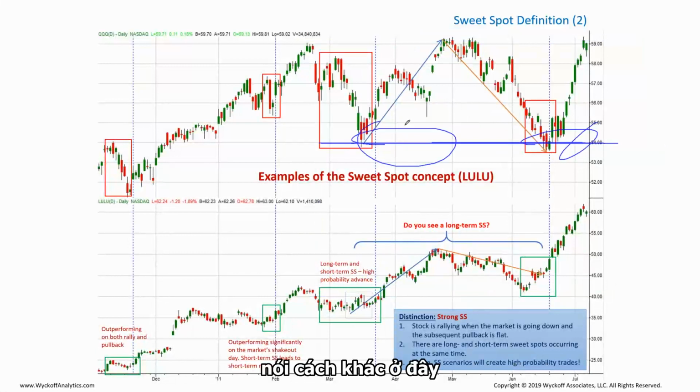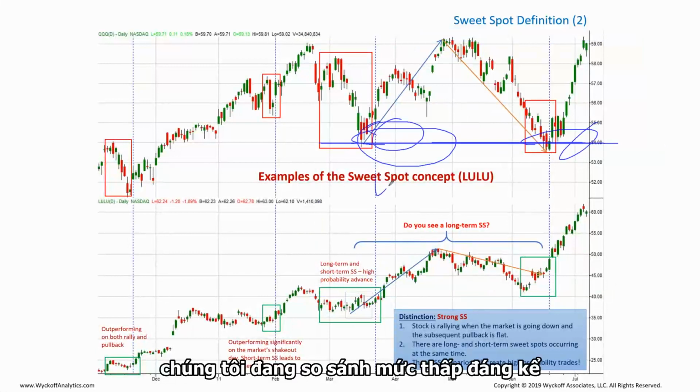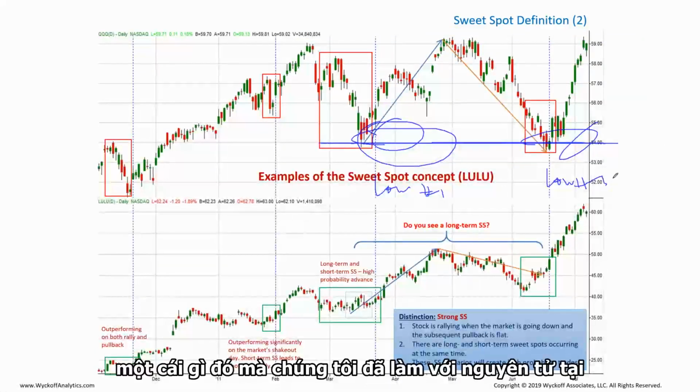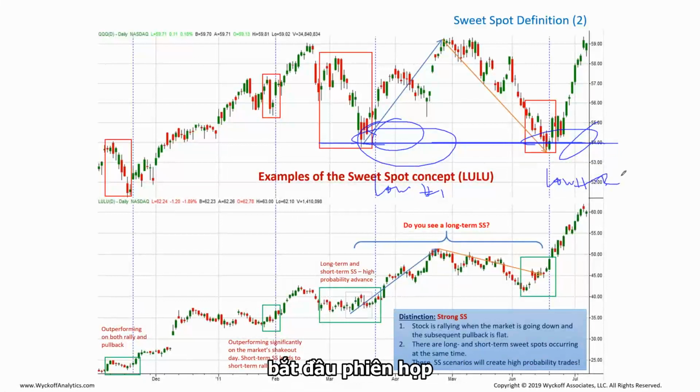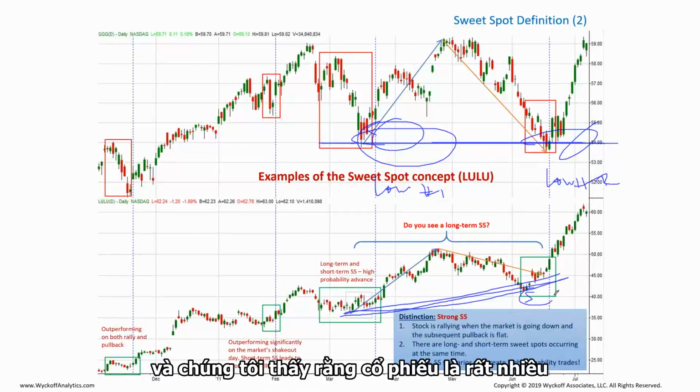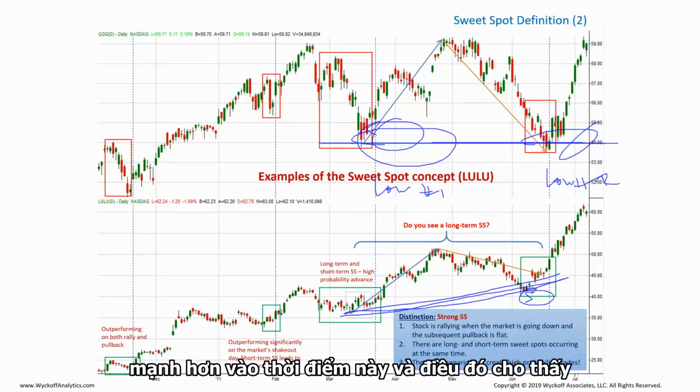In other words, here we are comparing significant low to another significant low, something that we've done with Adam at the beginning of the session.